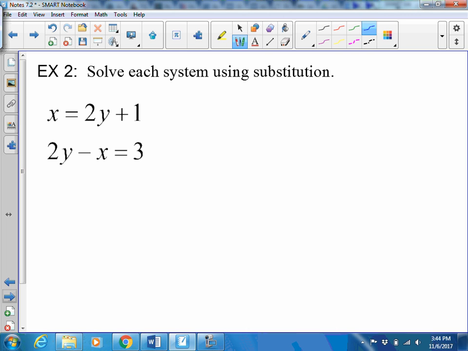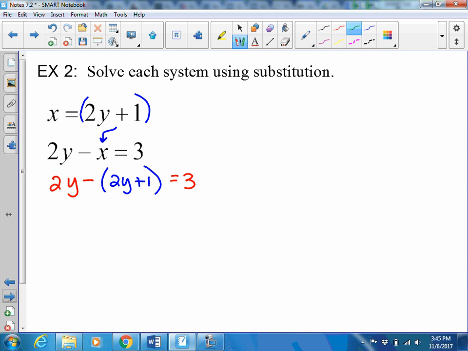All right, number 2. Same starting point. Solve by substitution. First equation has x isolated. Wherever I see an x, I'm going to plug this expression in. So I'm going to plug it in place of x below. So my equation will read 2y minus, substitute in x, 2y plus 1, and then write the rest of the problem down.